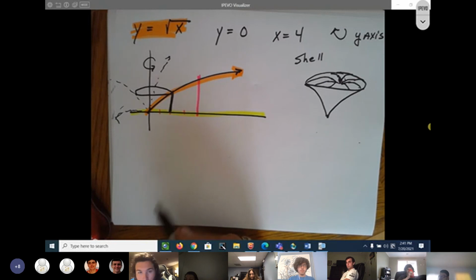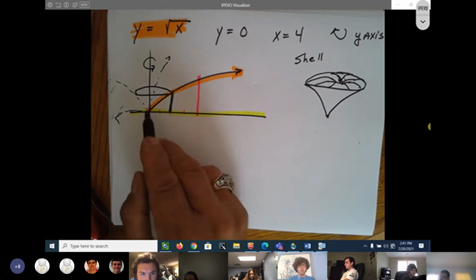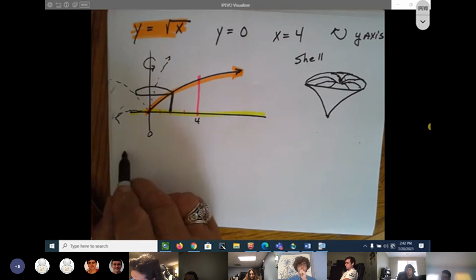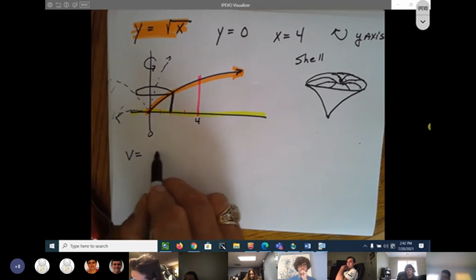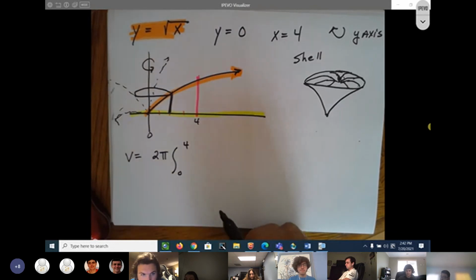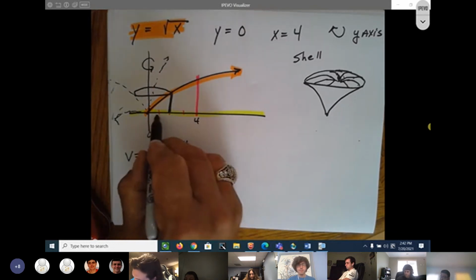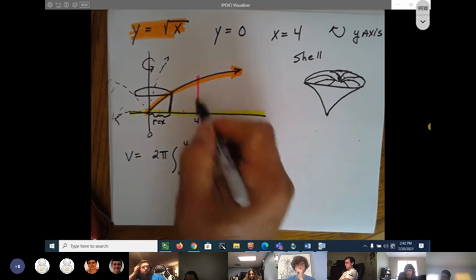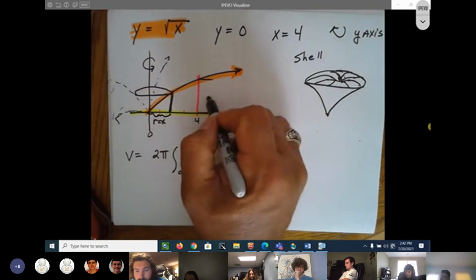More shallow. But we're going from 0 to 4. So V is equal to 2 pi from 0 to 4 of x, because this is x right here, that's your radius. And your height is equal to your function.